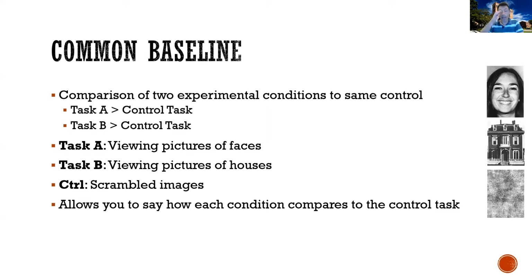And now this, of course, allows you to detect what parts of the brain might be important for whatever are the processes underlying task A or task B, each one compared to baseline. So in my example, we'd be saying what parts of the brain respond to pictures of faces as opposed to scrambled images. And then the second comparison would be what parts of the brain respond to houses as compared to scrambled images.